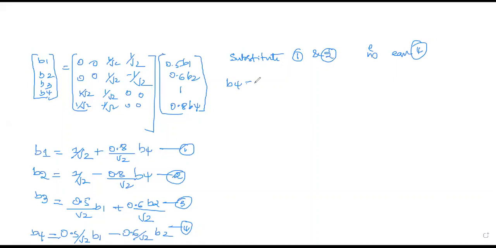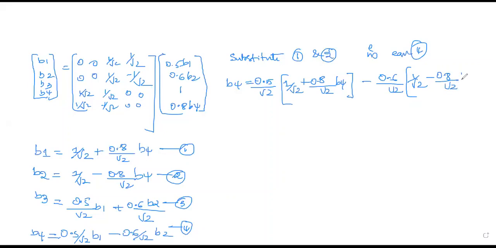So this is B4 is equal to 0.5 by root 2 into your B1 equation, which will be 1 by root 2 plus 0.8 by root 2 into B4, minus 0.6 by root 2 into your B2 equation, which is 1 by root 2 minus 0.8 by root 2 into B4. So B4 is equal to, there is root 2 common here.